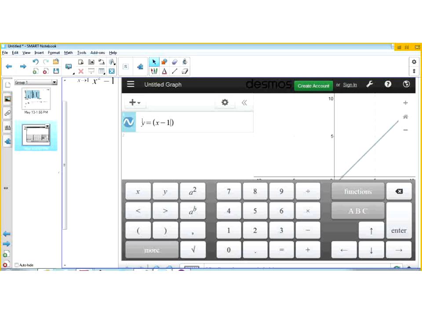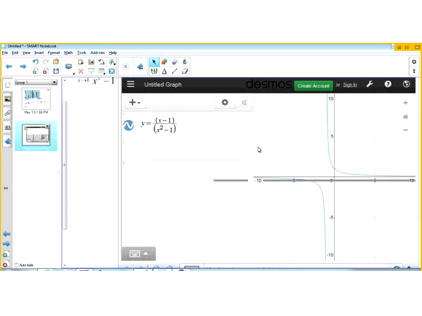Y is equal to x minus 1 divided by x squared minus 1. There we go. Now we have it. Okay, so the graph is this parabolic looking shape, but of course we do have a hole at x equals 1. I'll leave it to you to understand why we have a hole at x equals 1.